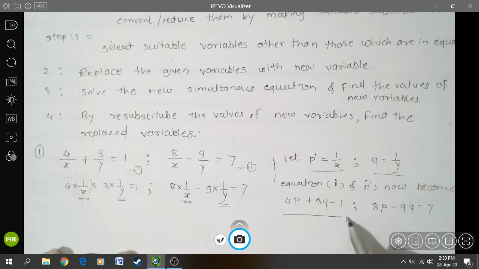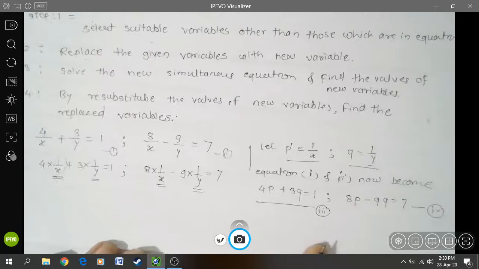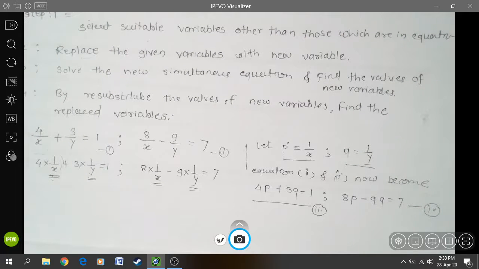So these are our equation number 3 and equation number 4. This is step number 2: replacing them with our new variables in the equation. So now we have the linear equations in two variables. Now we can solve them by our methods.